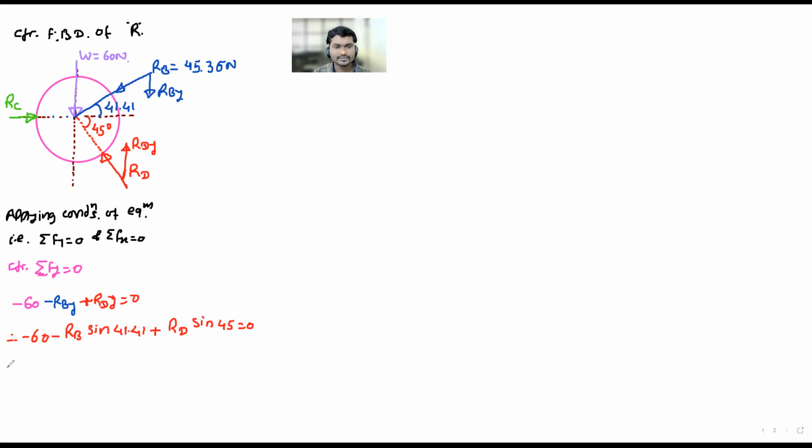Put in the known values: minus 60, minus RB is known to us, 45.36 sine of 41.41, plus RD, we want to calculate RD sine of 45, equals to 0.